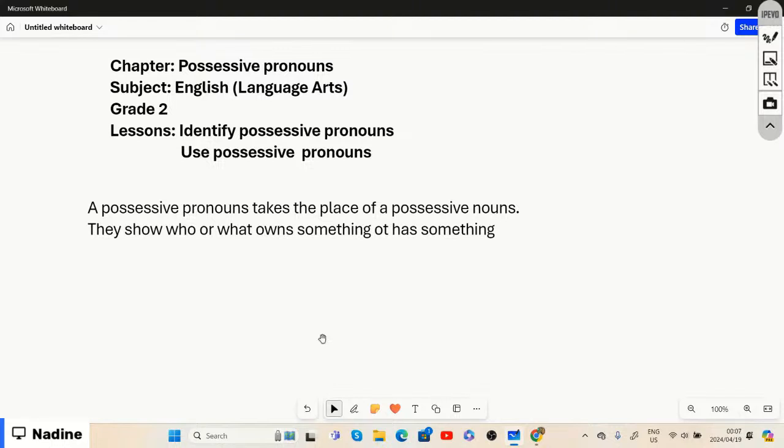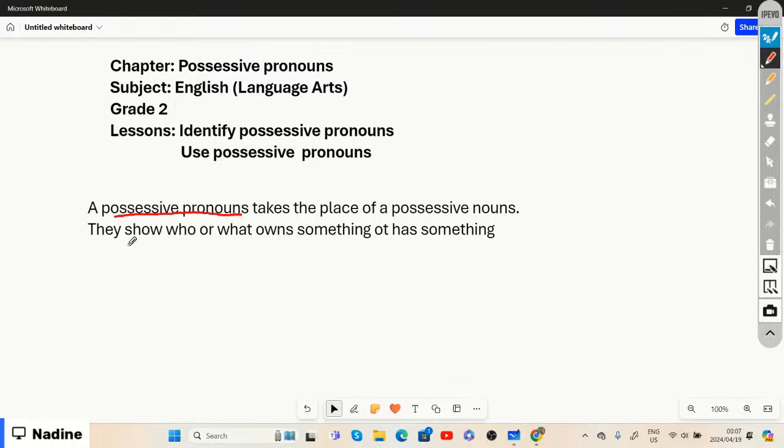So a possessive pronoun shows who or what owns something, or who or what has something.